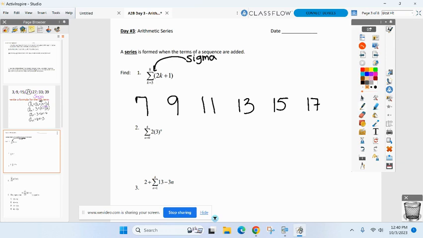So here's my sequence: 7, 9, 11, 13, 15, 17. But today, the sigma says my answer is going to be those terms added up. A series. All right? Those terms added up. And that's going to be my final answer here.